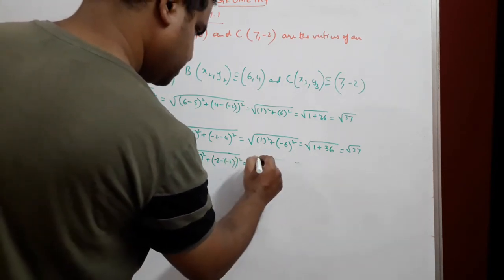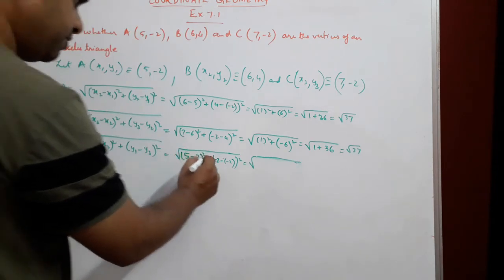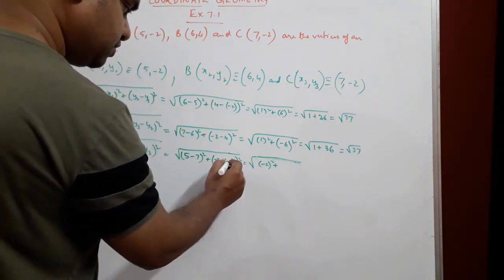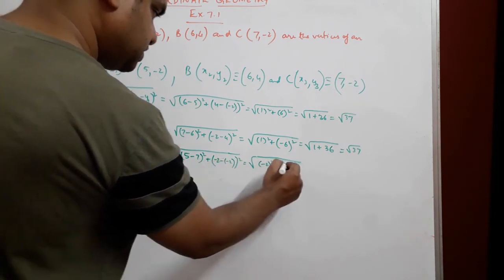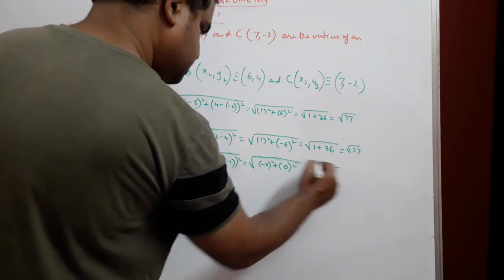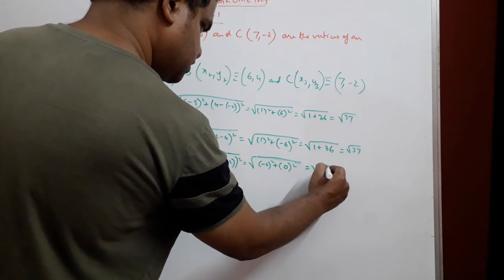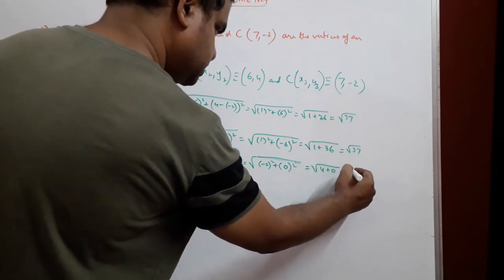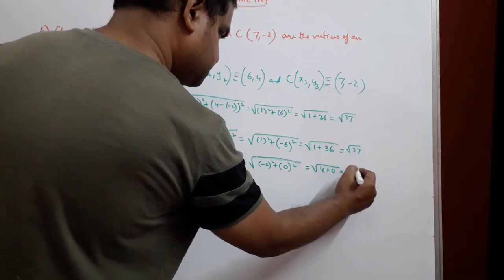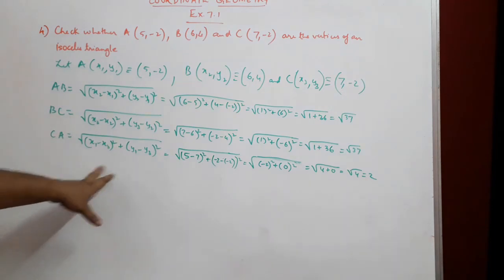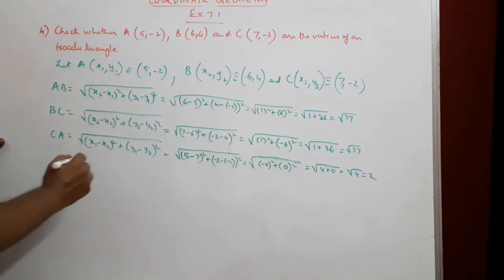Next, 5 minus 7 gives us minus 2, whole square, plus minus and minus will give a positive 2. So minus 2 plus 2 gives us 0, whole square, and minus 2 whole square gives us 4. 4 plus 0 gives us 4. So the square root of 4 is 2. So clearly the third side is not equal to the others, but that is more than enough for us.